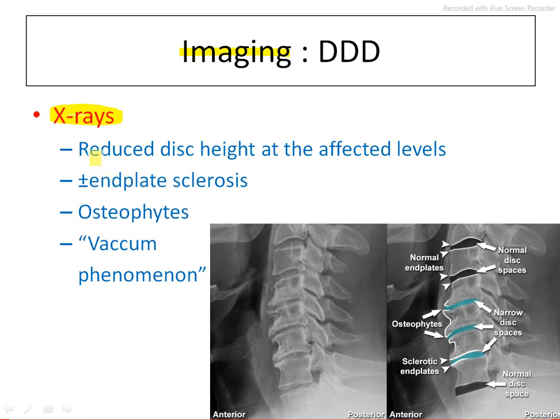What are the different changes we see? Reduced disc height at affected levels. We can sometimes see end-plate sclerosis. There can be presence of osteophytes, and there can be vacuum phenomenon. Vacuum phenomenon is nothing but, because of gas accumulation, we see a dark field, and that dark field is called vacuum phenomenon.